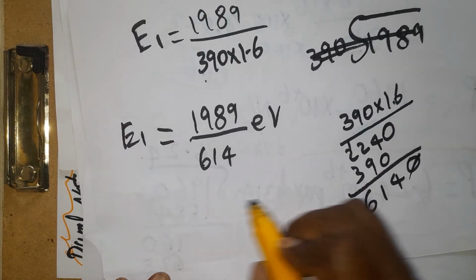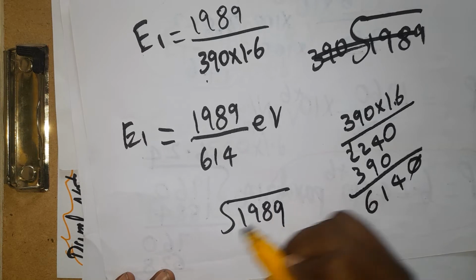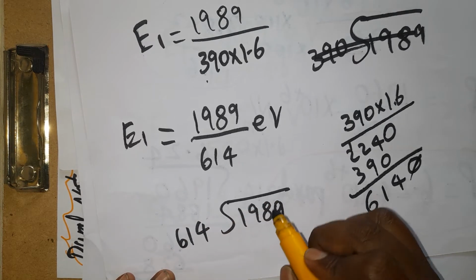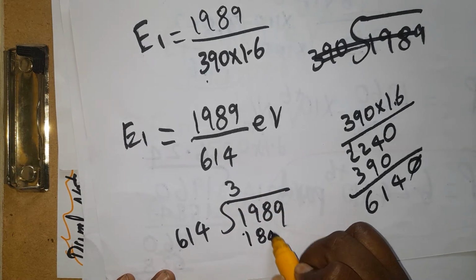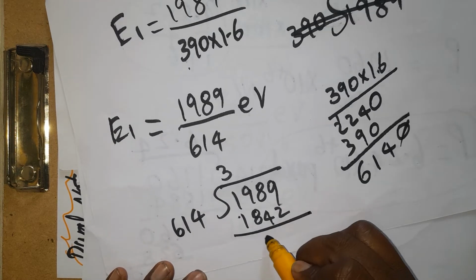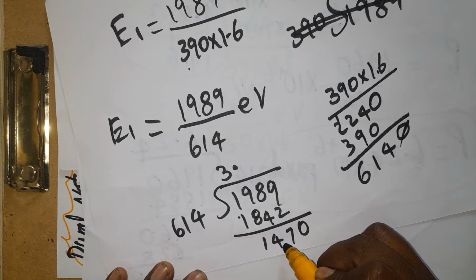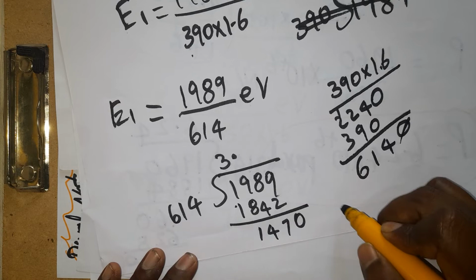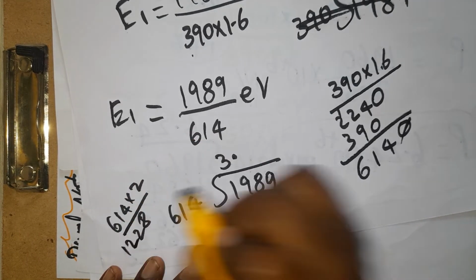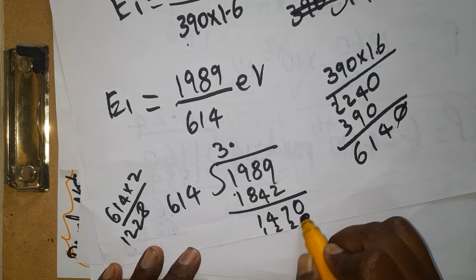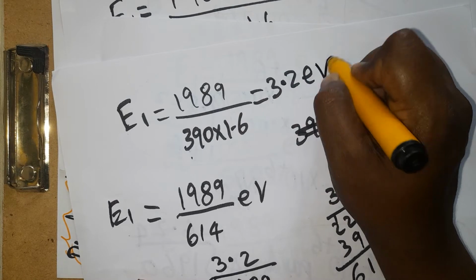Now we do this normal division, 1989 by 614. 3 times 1842 will come, leaving 147.0. Almost 2 times will be there: 614 into 2 gives 1228. So E1 is approximately 3.2 eV.